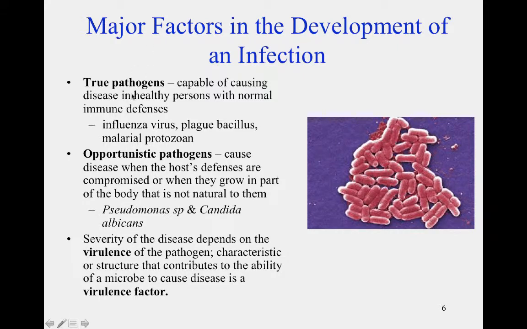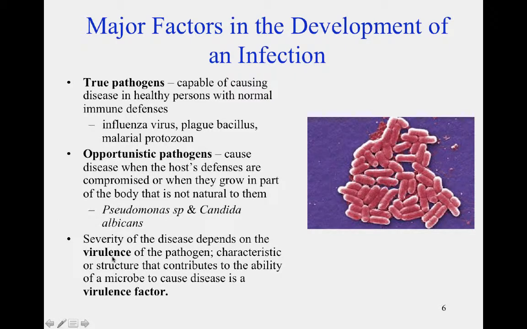Whether you are a true pathogen or an opportunistic pathogen, the severity of the disease state which you would cause upon a host would depend on the virulence factors that you possess. And another word for severity of disease or the potential magnitude of disease is virulence.